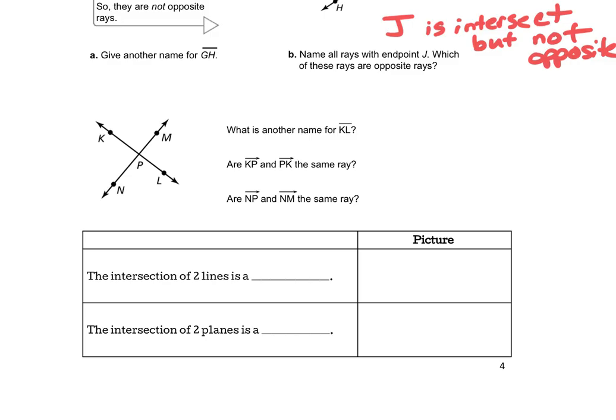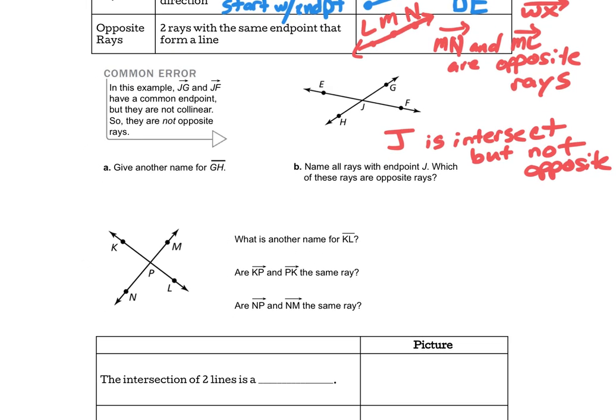Because this means it's going to stop at G and H. If it had arrows, it means it's going to continue on through G and H. So what would be another name for segment GH? Yeah, just flip-flop, right? So GH, I could just reverse the letters, HG, same thing, okay? Would there be any other possibilities? No, because it has to start at G and end at H. Doesn't matter which one you list first, though.